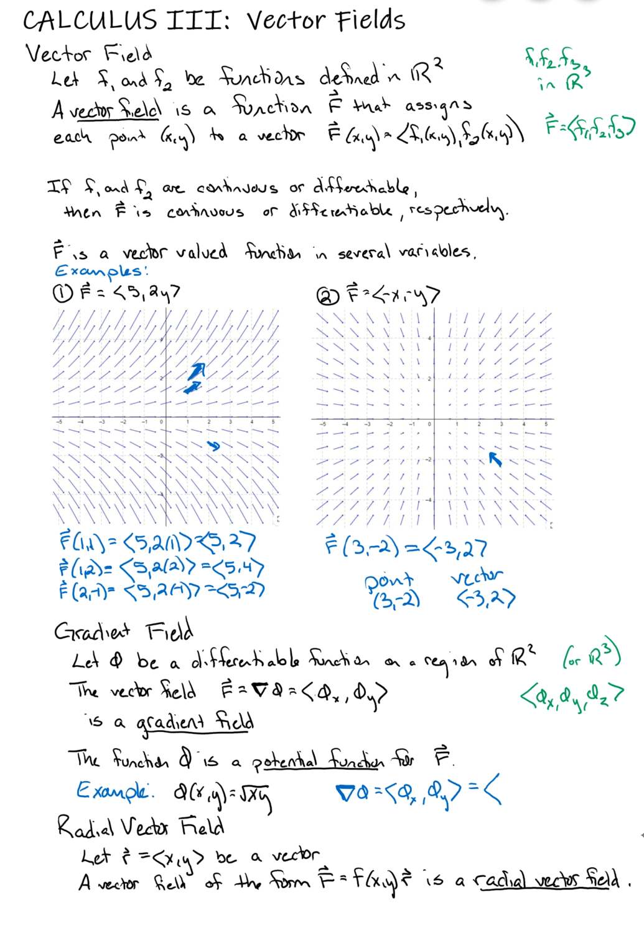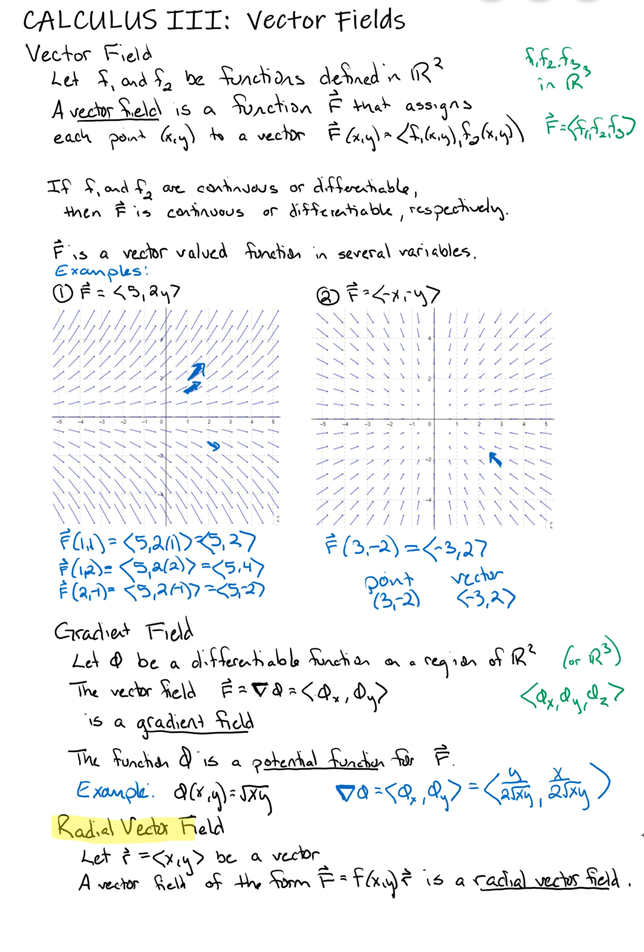Chain rule, power rule, we get y over 2 square root of xy. And then the first partial with respect to y, it's going to be our second component. Again, chain rule, power rule, we end up with x over 2 square root of xy. And there we go. That would be our gradient field.